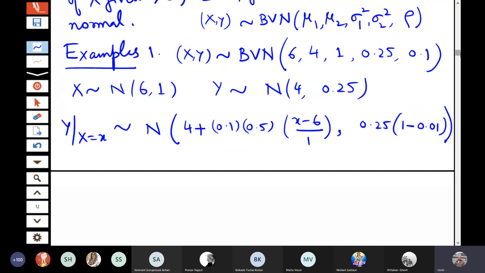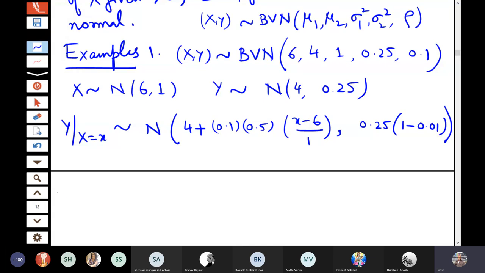Okay, so I have written the properties here. If XY has a joint bivariate normal distribution, then the marginal distribution of X is normal with mean mu1 and variance sigma 1 square. Y has a marginal distribution which is normal with mean mu2 and variance sigma 2 square. The conditional distribution of Y given X is normal with mean mu2 plus rho sigma 2 (x minus mu1) by sigma 1 and variance sigma 2 square into (1 minus rho square).